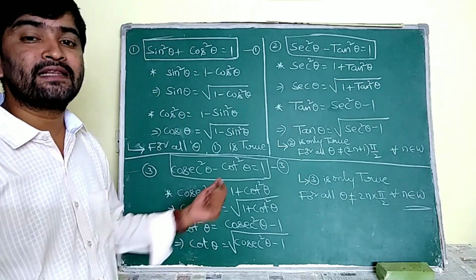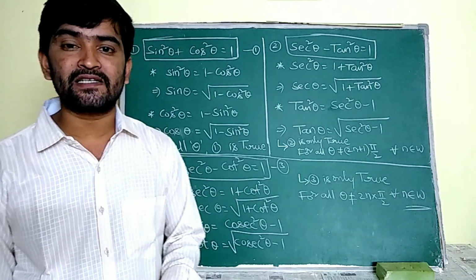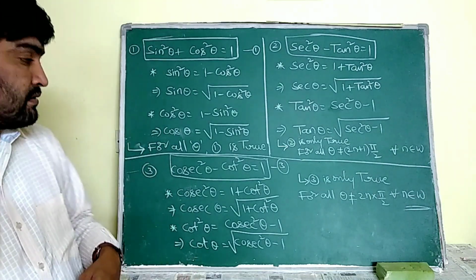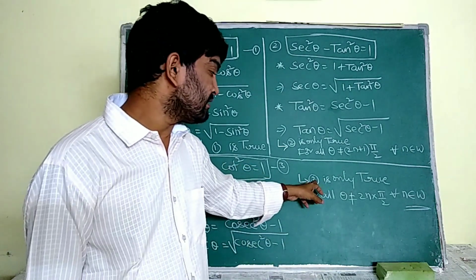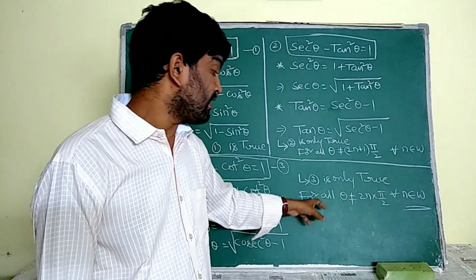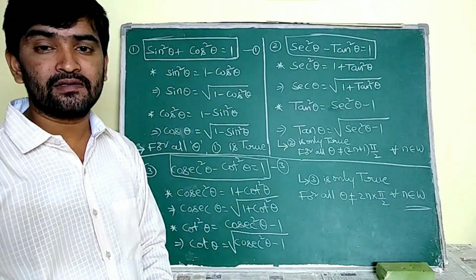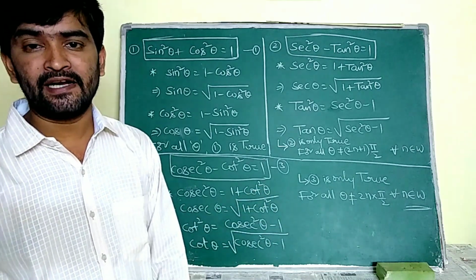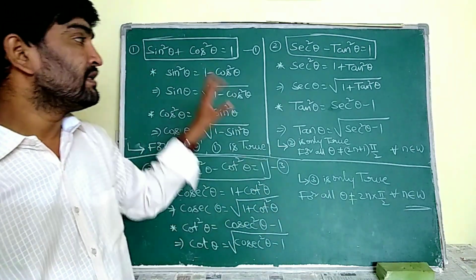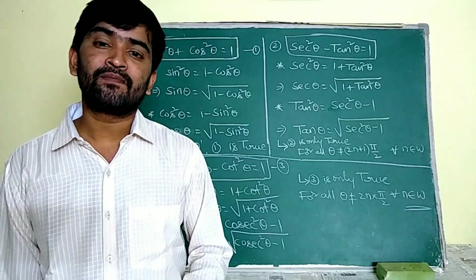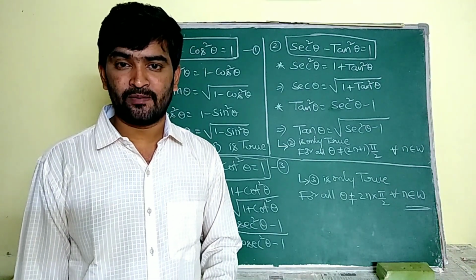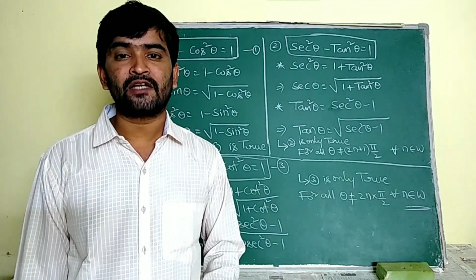And we know that this identity 3 fails at even multiples of 90. That we have to write here. So identity 3 is only true for all theta not equal to 2n into 90, that means even multiples of 90. Understand? So this is the concept regarding identities of trigonometry. Okay. Thank you for watching.